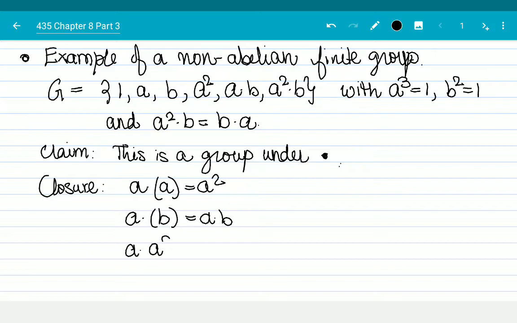A times a squared is equal to a cubed, which is equal to 1.